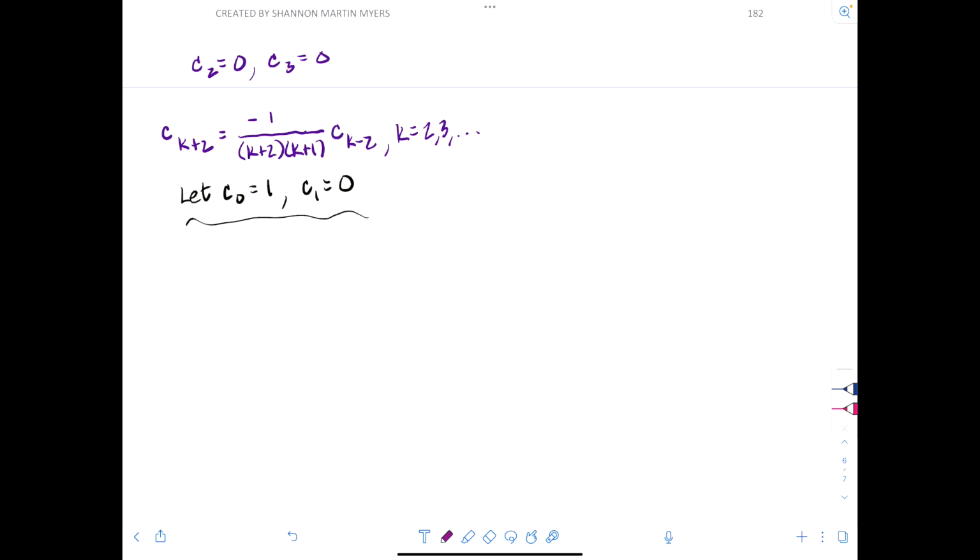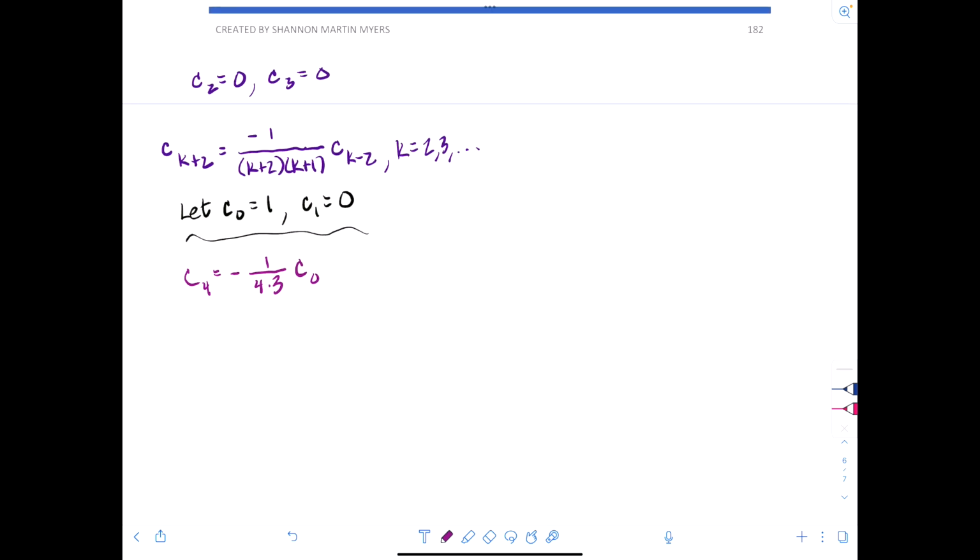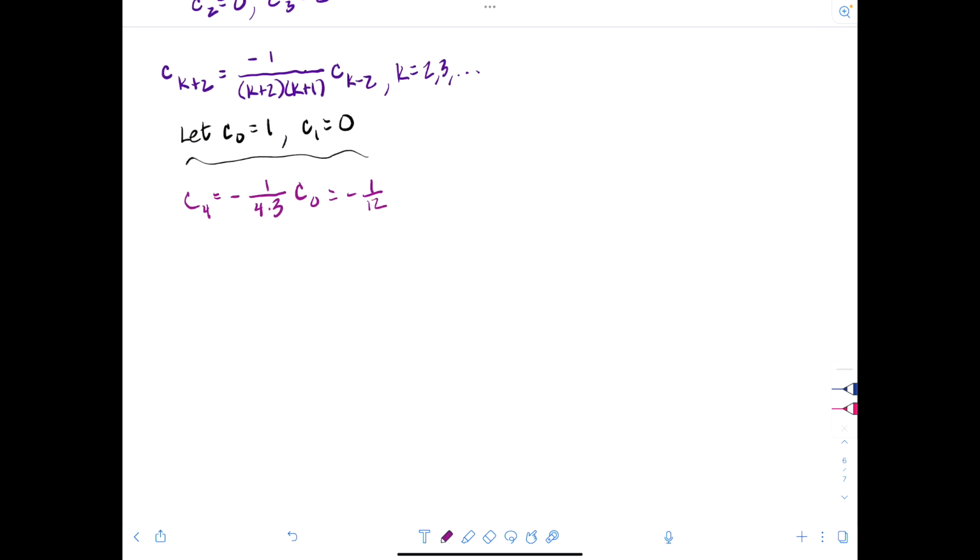When k is 2, we'll get C4, and that will equal negative 1 over 2 plus 2 is 4 times 3. And then that's going to be times c sub 4 minus 2. When k is 2, this will give us c sub 0. We let c sub 0 equal 1, and so C4 will equal negative 1/12 times 1, which is negative 1/12. Cool so far?